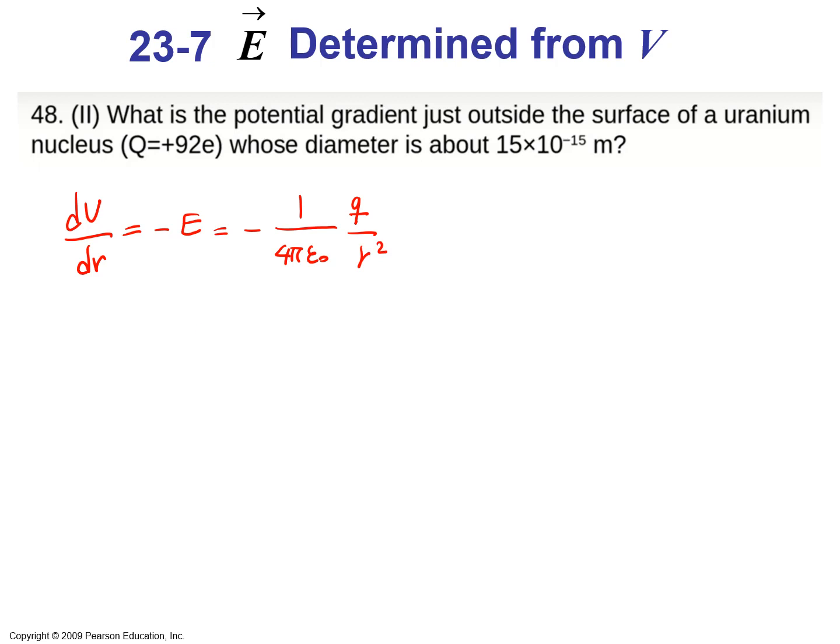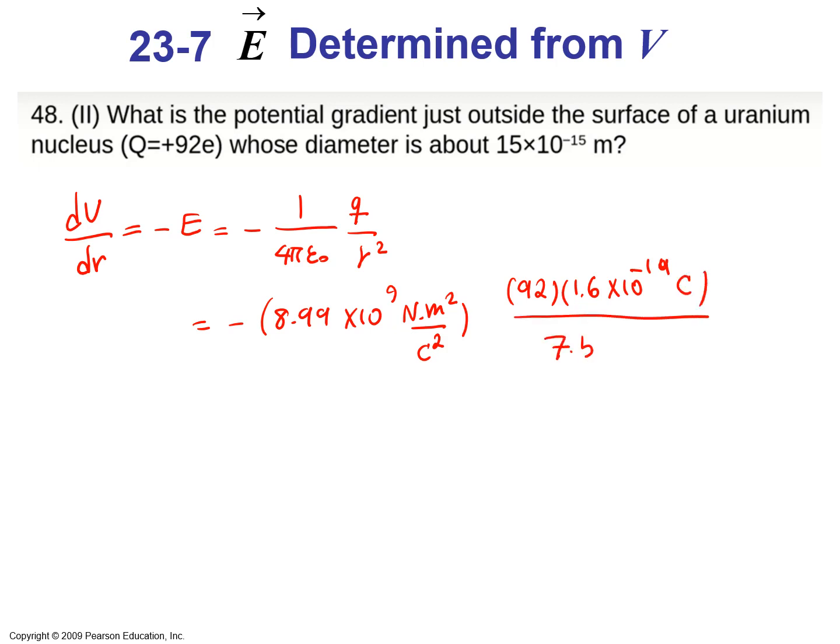Let's plug in the numbers. We have minus 8.99 times 10 to the power 9 Newton meter squared divided by Coulomb squared, multiplied by Q, which is 92 times 1.6 times 10 to the power minus 19 Coulomb, divided by 7.5 times 10 to the power minus 15 meter, squared.